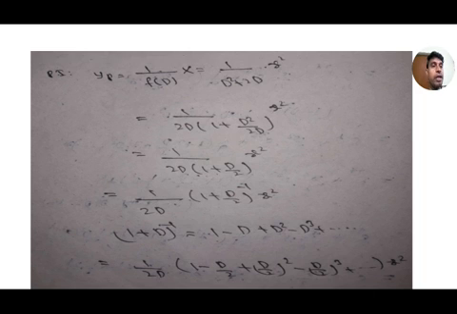Next, particular integral: 1 by f of D of capital X, that is 1 by D square plus 2D of x square. Here the lowest term is 2D. 2D is common, and proceeding as in the semester, D common and 1 plus D by 2, bring it into the numerator, all to the power of minus 1, expand it.